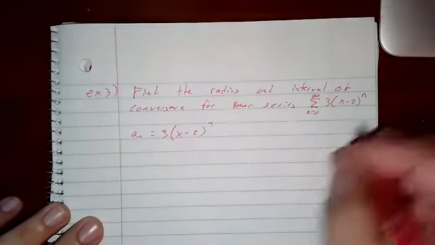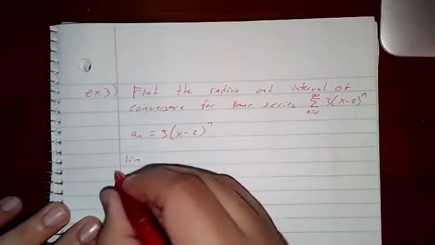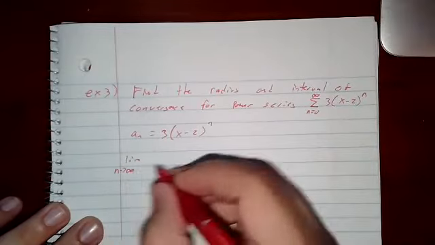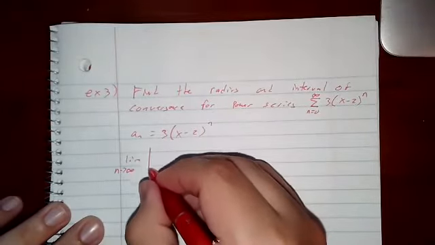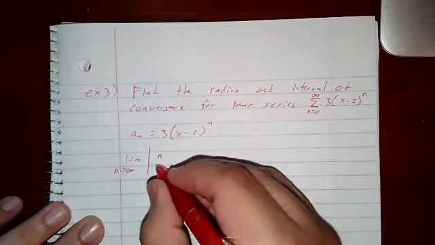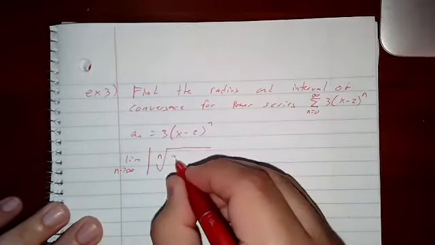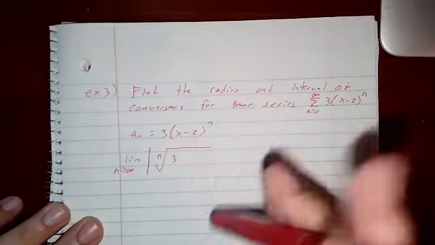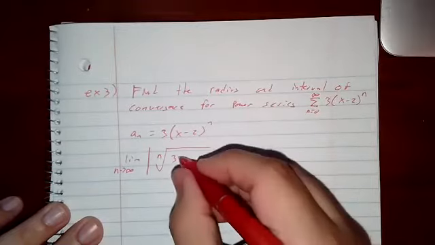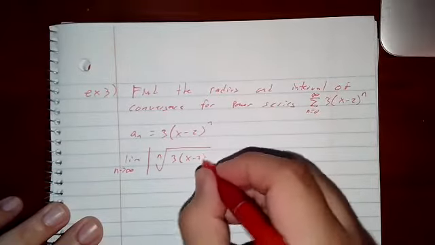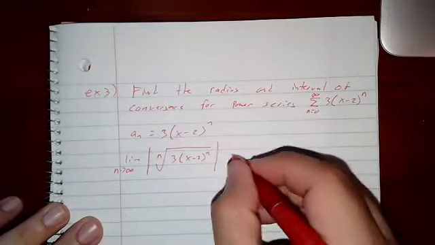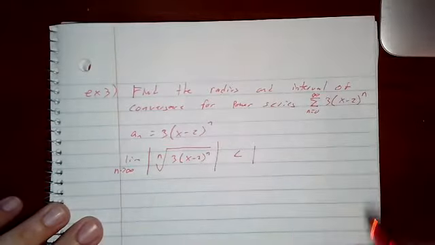So the root test said that the limit as n goes to infinity of the absolute value of the nth root of a sub n must be less than 1. The same rules as the ratio.